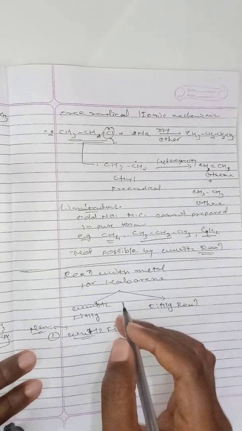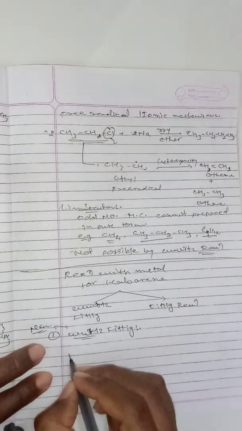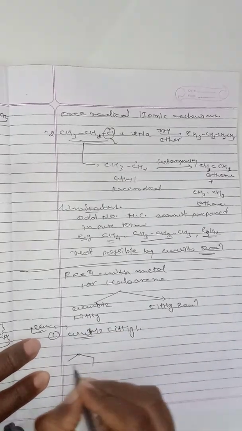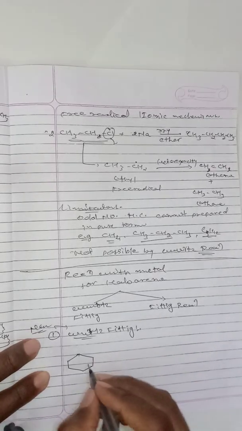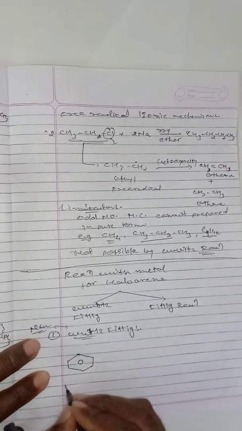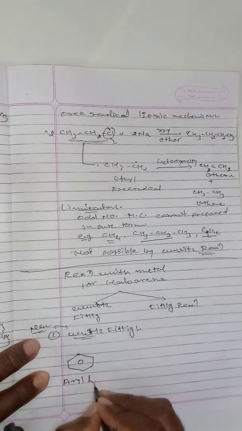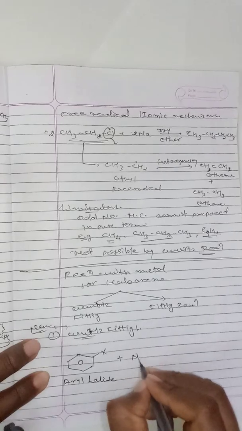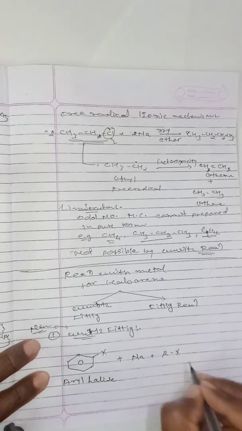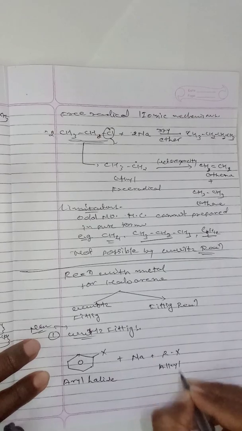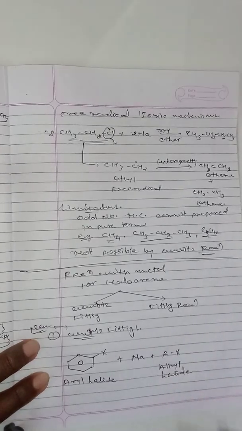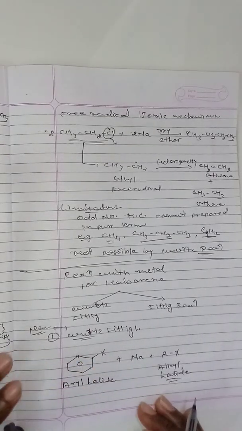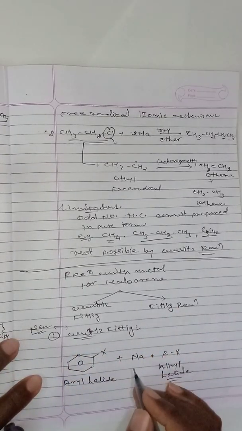Same thing is here, but the main difference is that here we use aryl halide and alkyl halide. This is the main difference between the simple Wurtz reaction and the Wurtz-Fittig reaction.